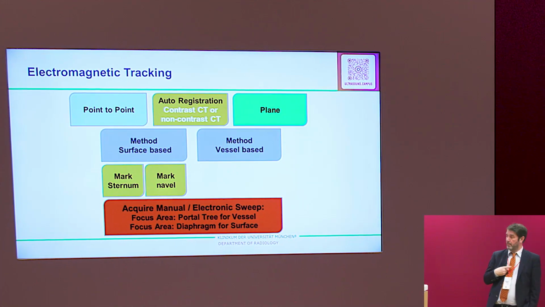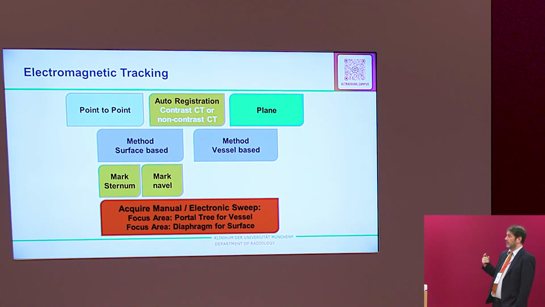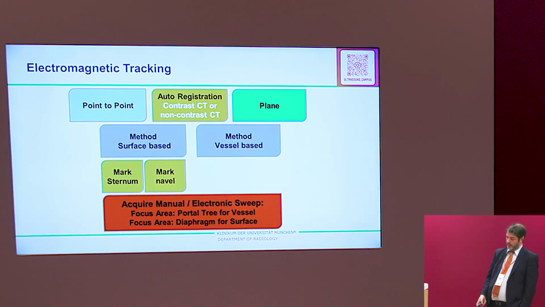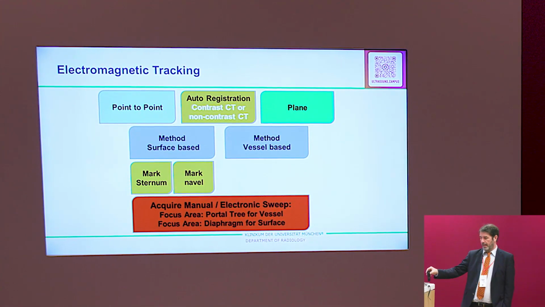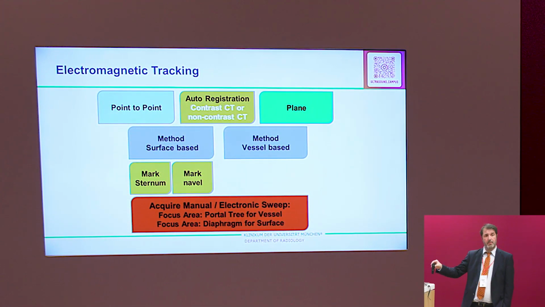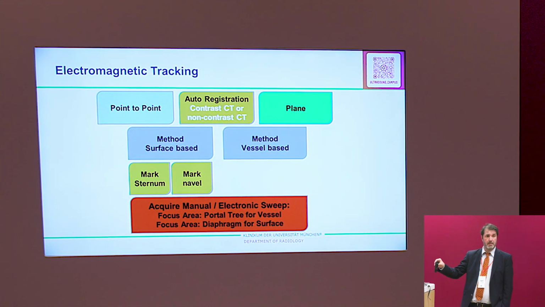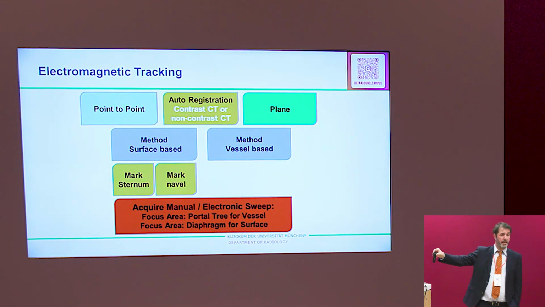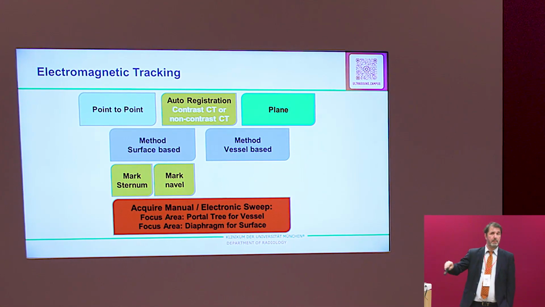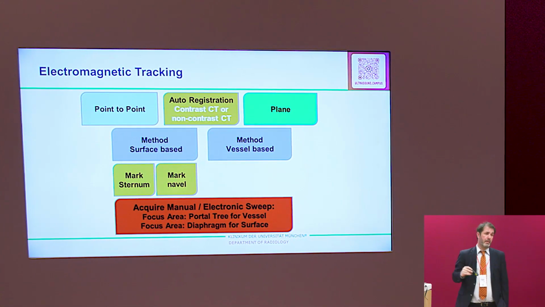Or what I prefer most of the time is plane registration. I hold the plane in exactly the same plane as the CT or MRI acquired data, axial plane. And then I say to the system, this plane is the same as the other plane, push a button, freeze, and then it's registered.